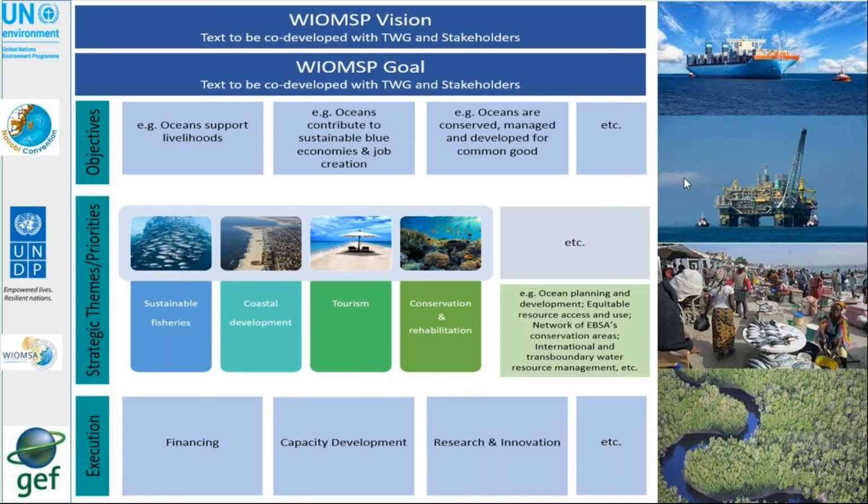So how do we go forward in terms of making the strategy into a practical reality? So issues around financing, capacity development needs, research and innovation needs, etc., will be elaborated in that section of the strategy.